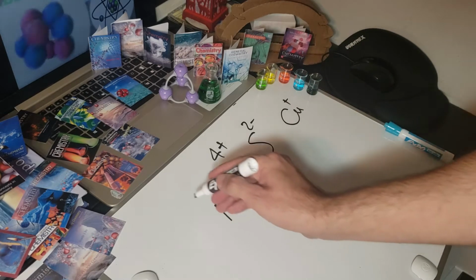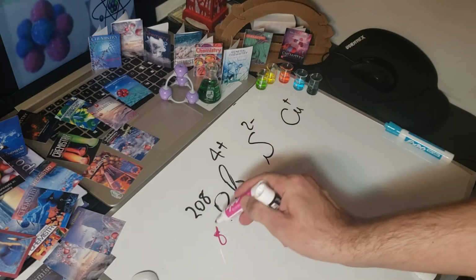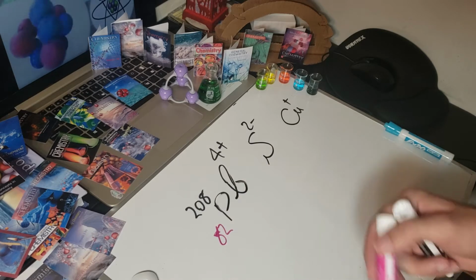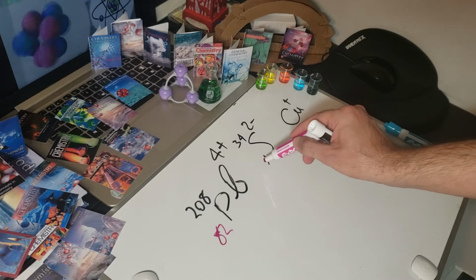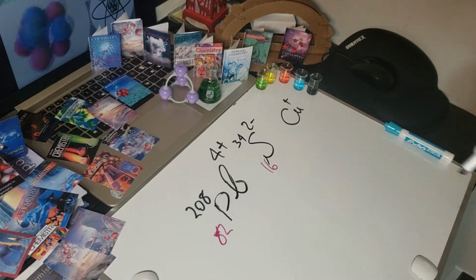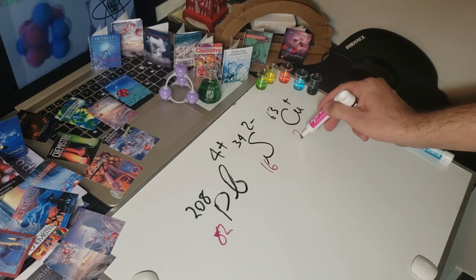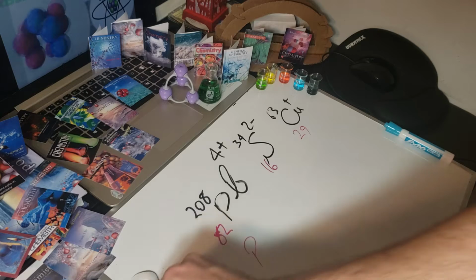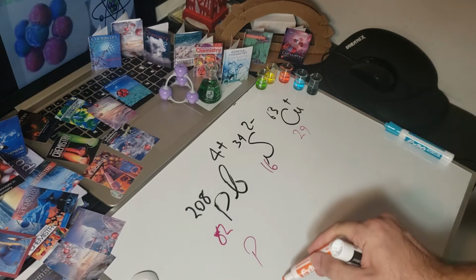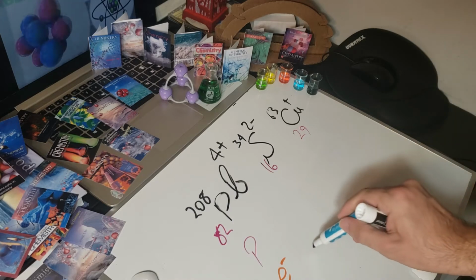And let's say this is 208 and 82, 34 and 16, 63 and 29. And the problem is asking for the number of protons, the number of electrons, let's do that with another color, let's just use orange, and then the number of neutrons.